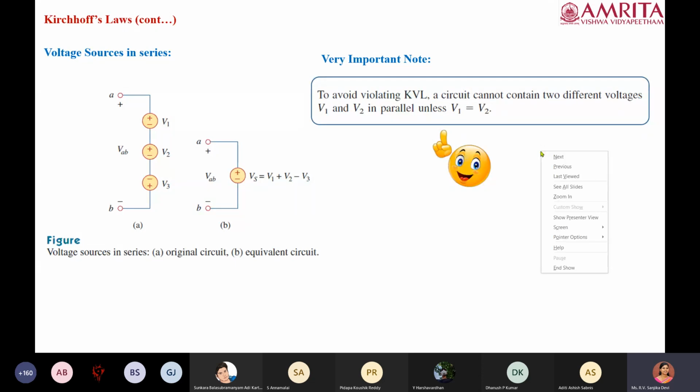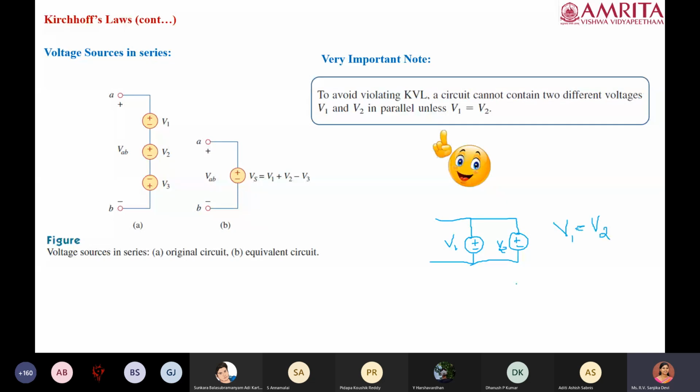So say for example, here we have V1 and here we have V2. If they are in parallel with respect to each other, it means that V1 should be equal to V2. Practically also we cannot connect them, it will create problems, and theoretically V1 should be equal to V2, it cannot be different when they are in parallel to each other.